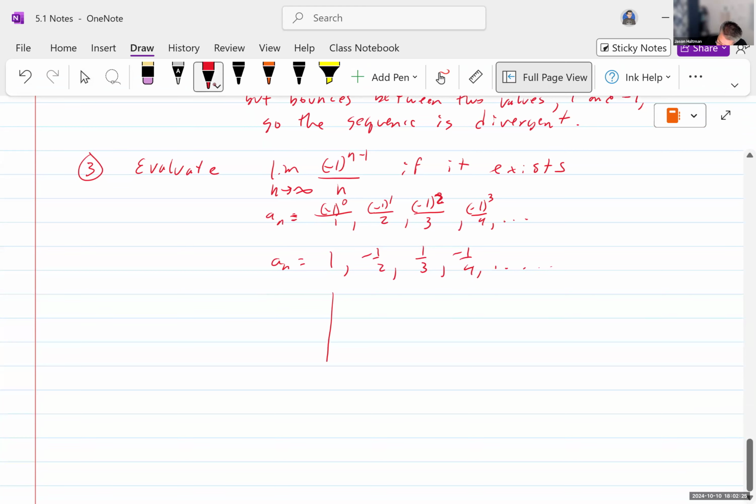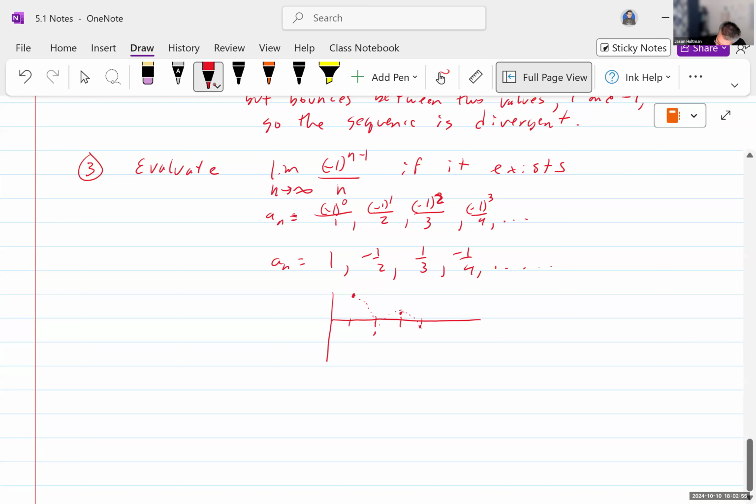So this thing is bouncing back and forth. It's alternating. So at 1, we're at 1. And then at 2, we're at -1/2. And then at 3, we're at +1/3. And then at 4, we're at -1/4. And so we're kind of bouncing along here.